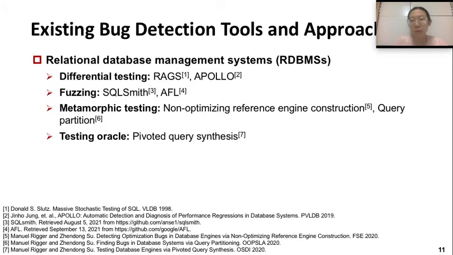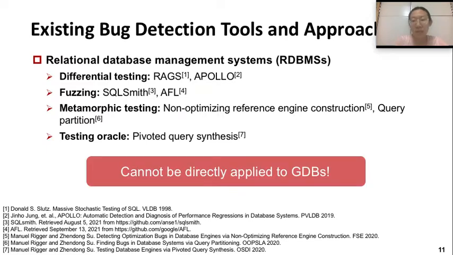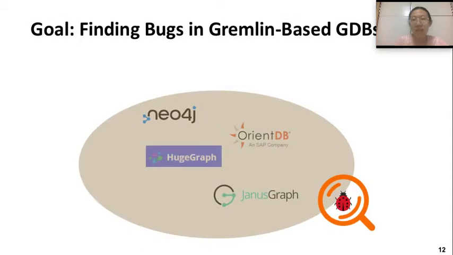Two metamorphic testing approaches are proposed to solve the testing oracle problem. However, all of these tools or approaches cannot be directly applied to GDBs. Thus, the goal of our research is finding bugs in GDBs that adopt Gremlin to retrieve graph data, also called Gremlin-based GDBs.